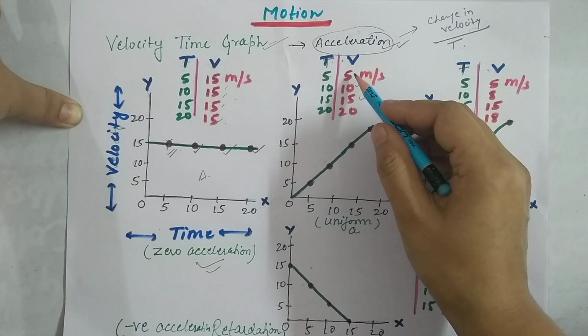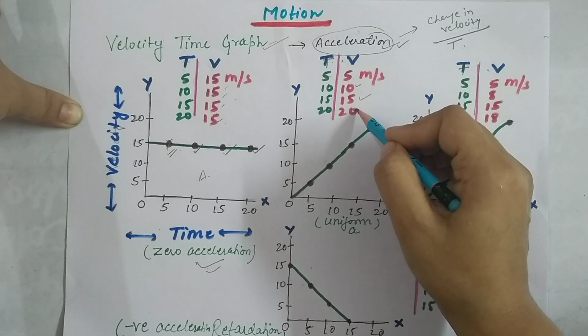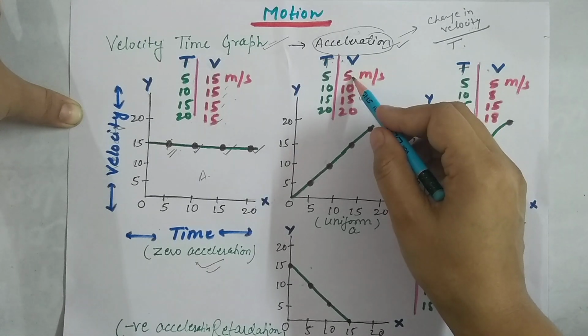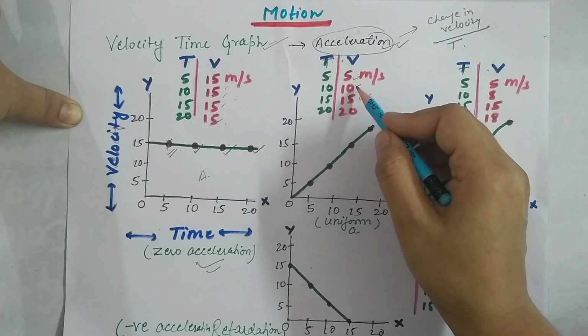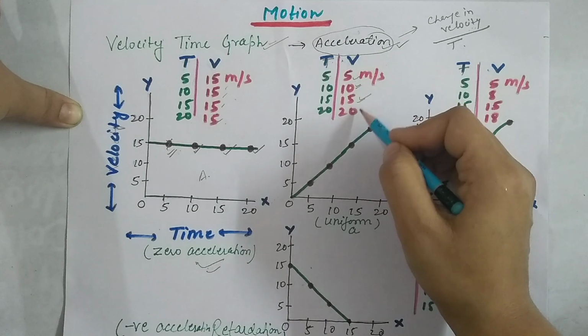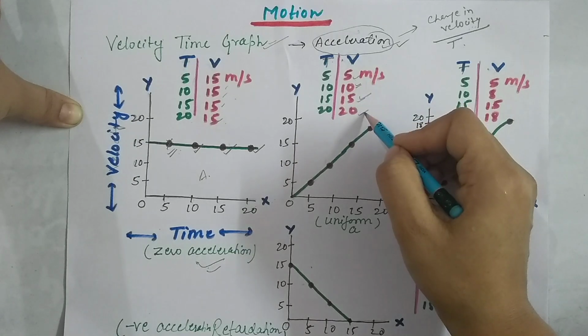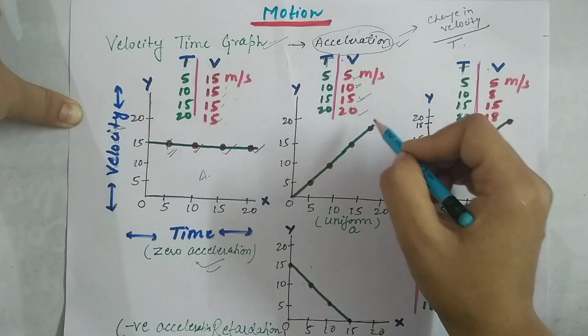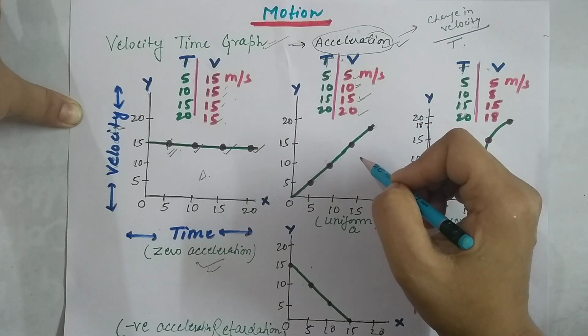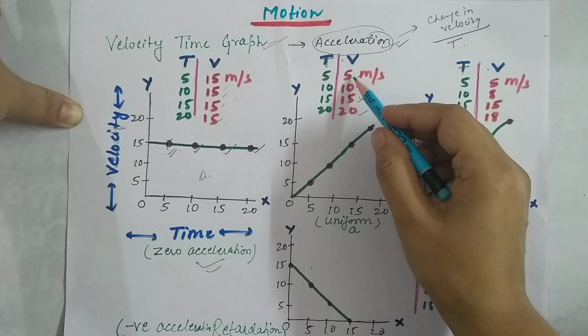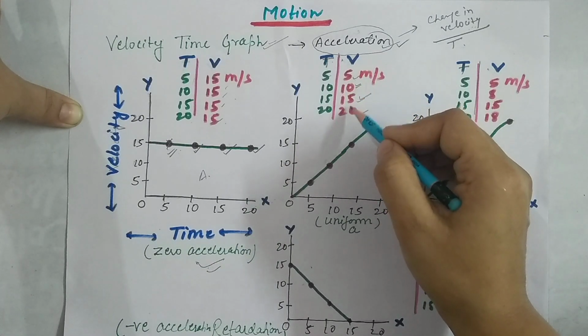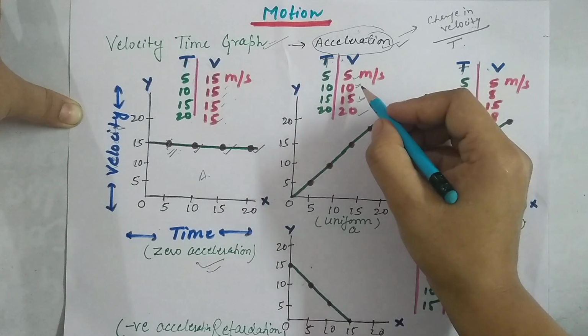So you can see that the velocity is changing. First the velocity is 5 meters per second, then 10, then 15, and then 20. It means acceleration is taking place, and there is a constant increase in the value of the velocity.